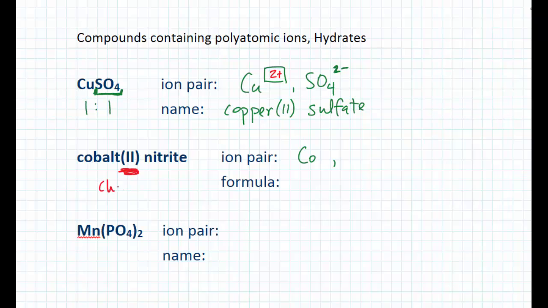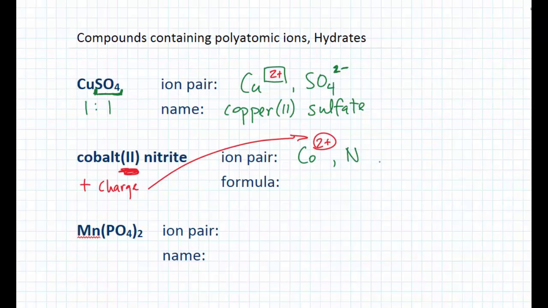So if you're ever given a name, if it has a Roman numeral, that is automatically the plus charge. So don't make that harder than it needs to be. You need to figure out the plus charge if you're given a formula. Because you know what the minus charge is, you have to use the formula to figure out what the plus charge is. If you're given a Roman numeral, it's just right there.